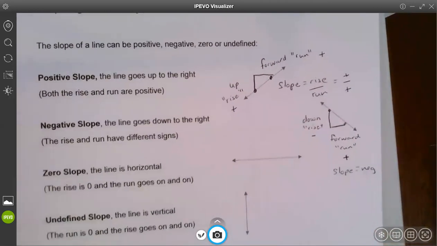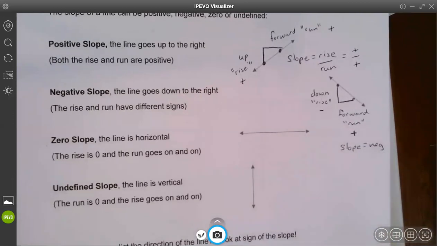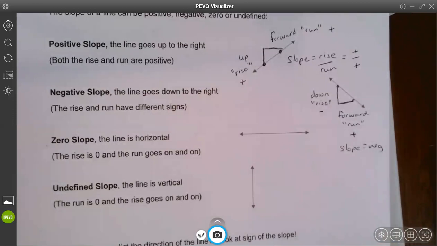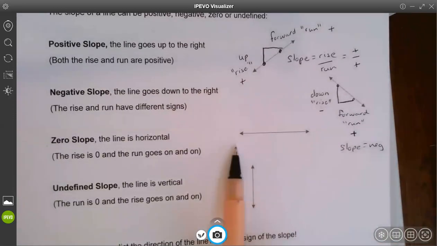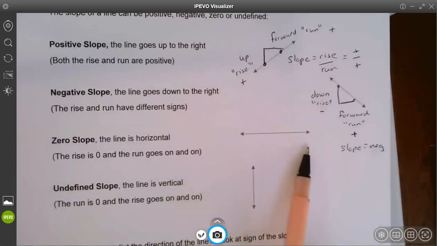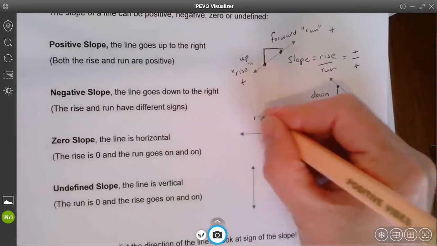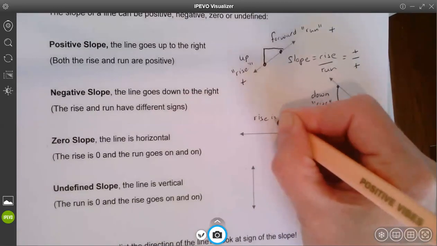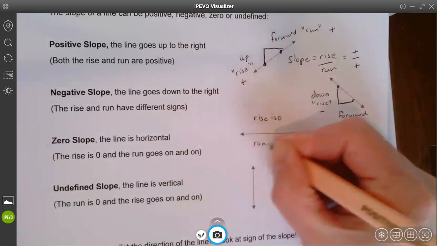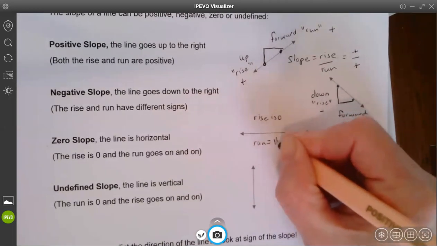Now there are two special cases, and that is when the slope is zero and when the slope is undefined. If the slope is zero, you're going to have a horizontal line. The reason for that is the rise is zero, but the run equals some number.